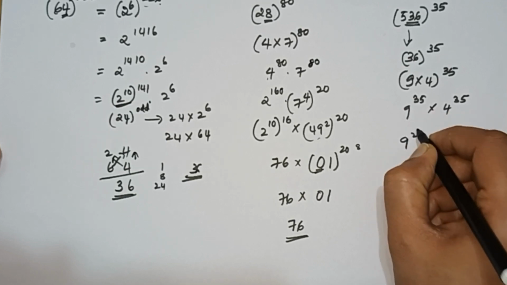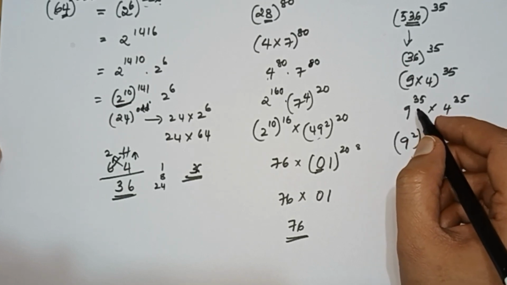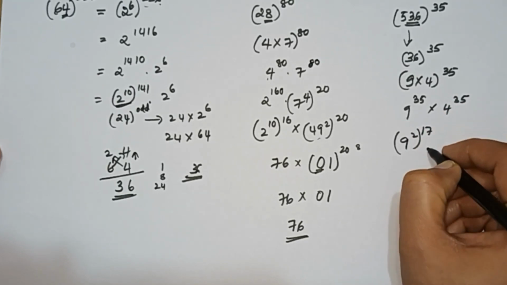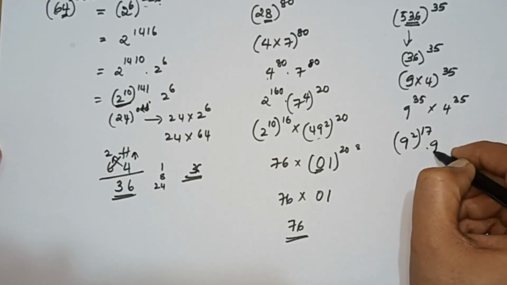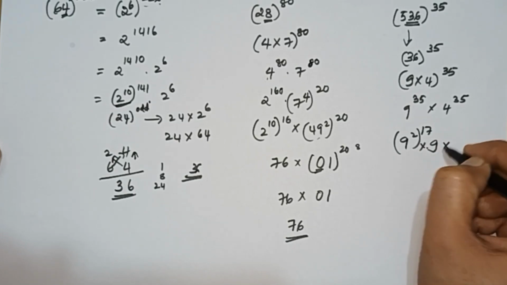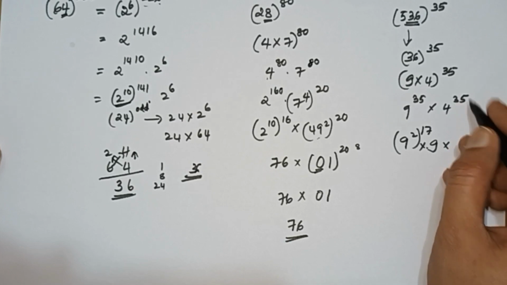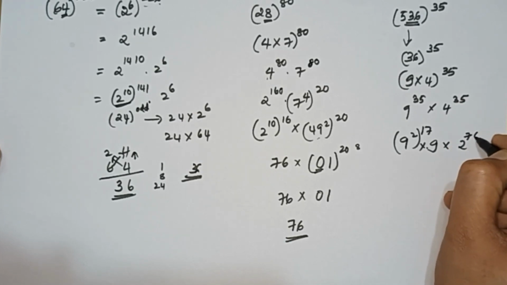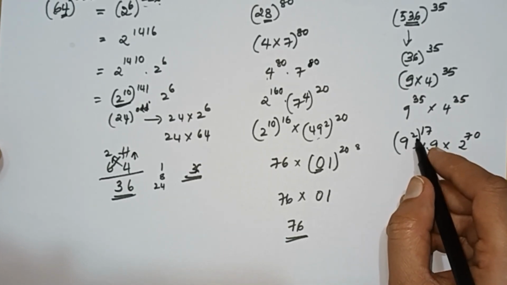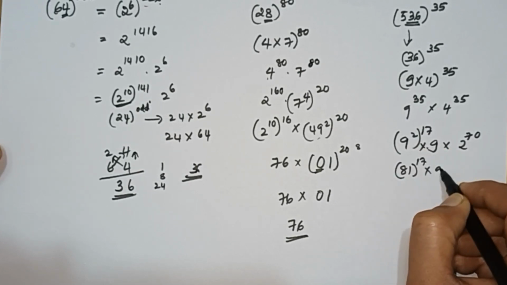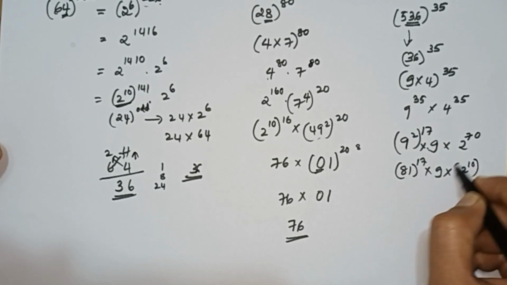So 35 is not an exact multiple of 2. Therefore, I'll write it as 9 square to the power 17, because 34, then into 9, 1 extra, into 4 to the power 35, which is 2 square to the power 35, which gives you 2 to the power 70. Now 9 square is 81. So 81 to the power 17 into 9 into (2 to the power 10) to the power 7.